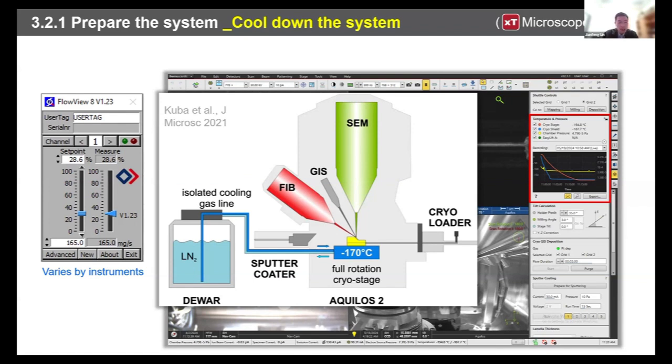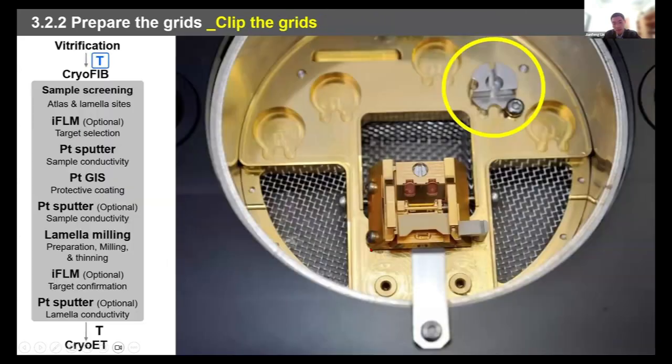So in this case, we will try to use a low flow rate, which is still enough to maintain the low temperature. But if you use a system, for example, from Nanosoft or from other companies, maybe this is not your concern. You just need to find the number which is good to maintain the cold temperature of your system.